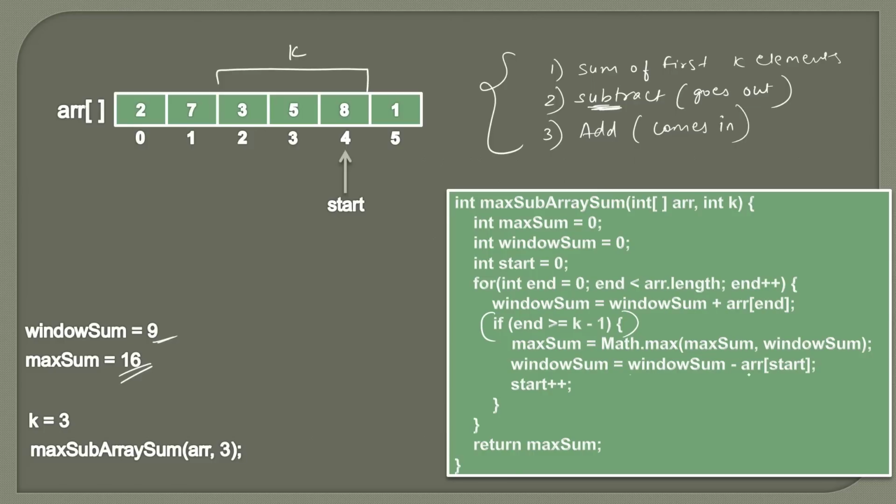The element which goes out, array of start, we subtract from the window sum, and in the next iteration of the for loop, which is our next window, we add the element which just came into the sliding window. This property helps us evaluate the sum in a very efficient way. We don't have to recalculate the sum of every k elements.